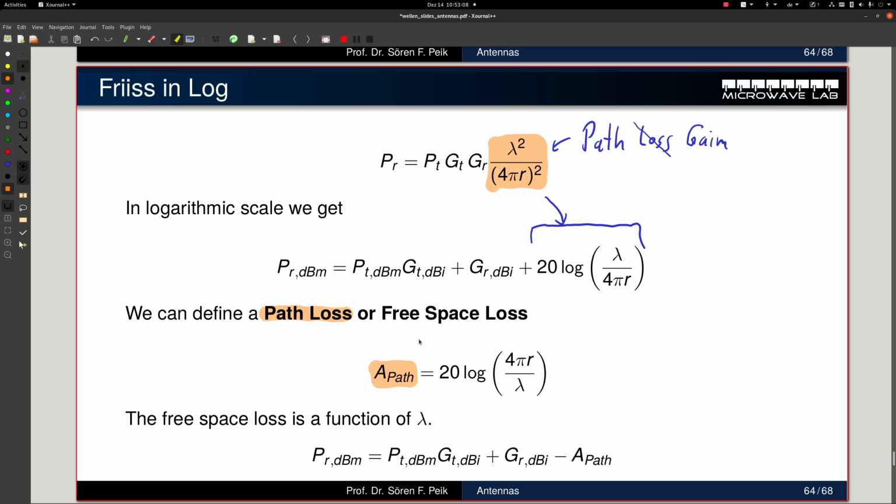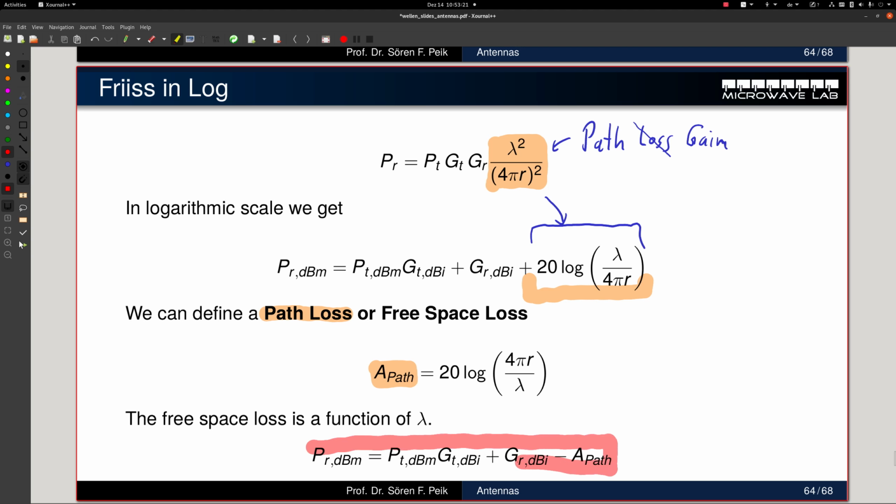Just replacing this part here with my path loss, I get a new version of my Friis formula. It's the same as before, but I just replaced with minus path loss, because it's 1 over this. And again, there's the plus minus sign missing here.